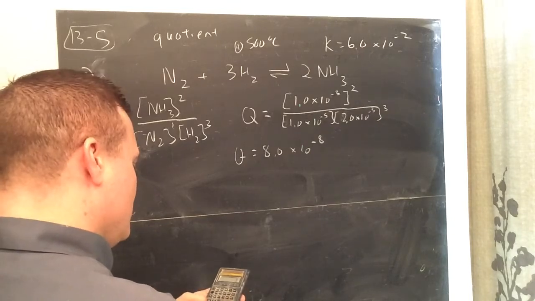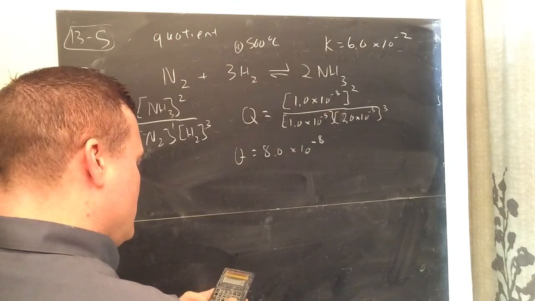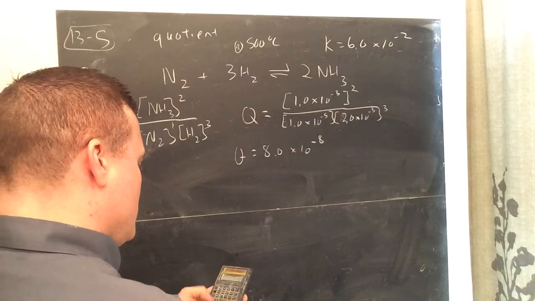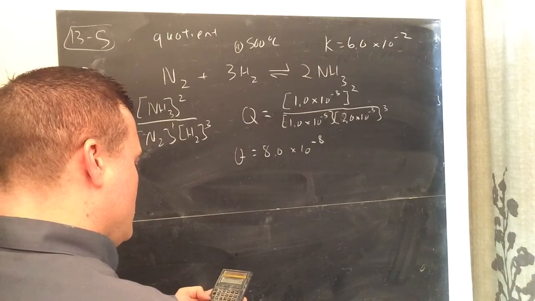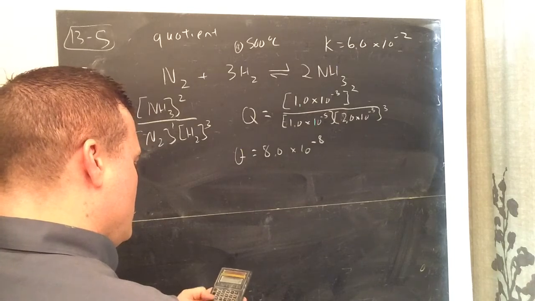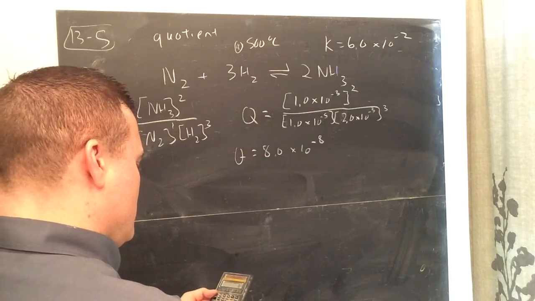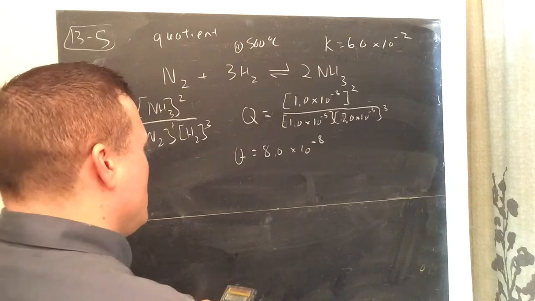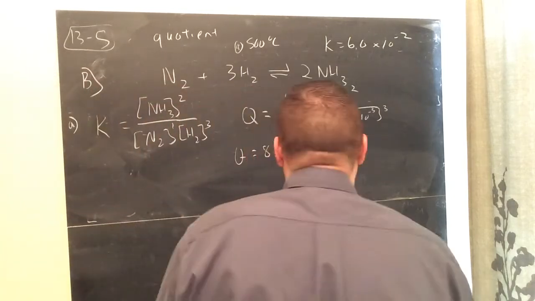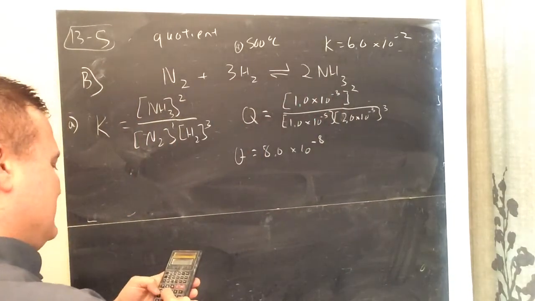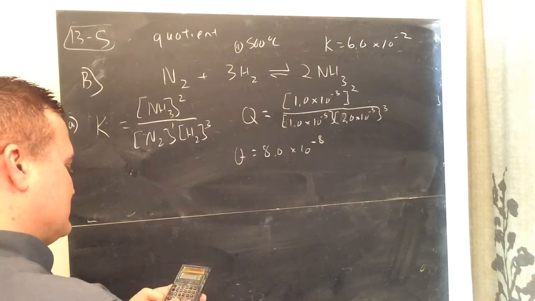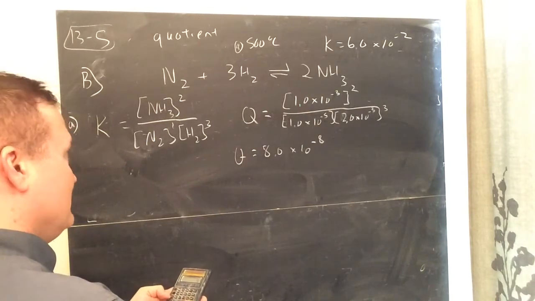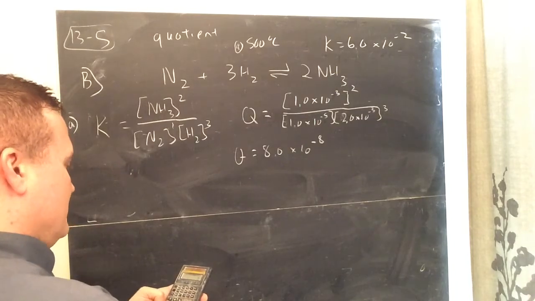I just messed up, oh boy. Okay, it looks like I might have done it wrong. 2 times 10 to the negative 3, I'm going to cube that number. Then I'm going to multiply that by 1 times 10 to the negative 5.